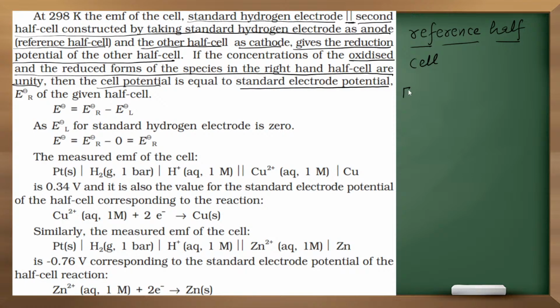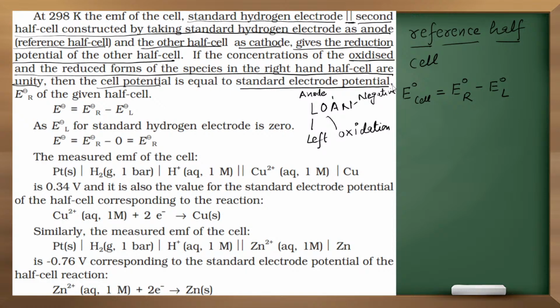So E naught cell, we have already discussed, is E naught right minus E naught left, and E naught left means the one where oxidation takes place. Just keep in mind: left, oxidation, anode, negative.